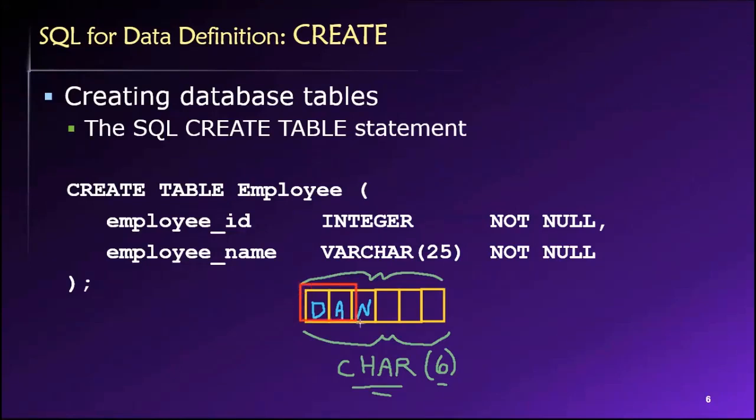Like in this scenario, I have 3 characters here. But if I define this as a character data type rather than a varchar, right? So if I just define this as char, and that was a 6 instead of a 25, then no matter what, we're always going to use 6 bytes of storage space on disk, even if we're storing something shorter.